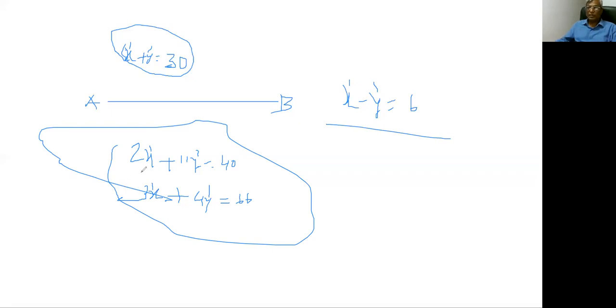Now you can say, sir, in these equations there are two variables, so you are taking two equations. And what about if there are three variables? Suppose x plus y plus z is equal to 11.